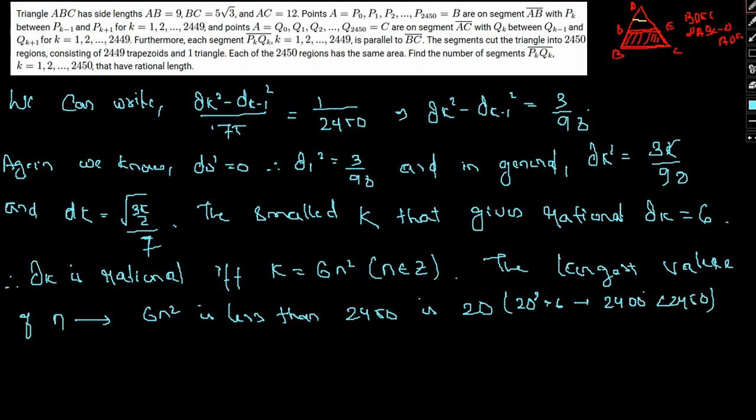So therefore k has 20 possible values, which is therefore 20, our answer.